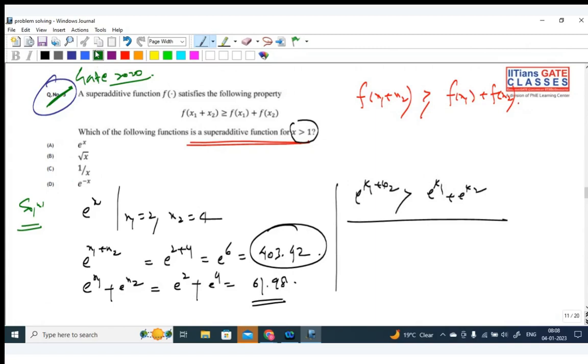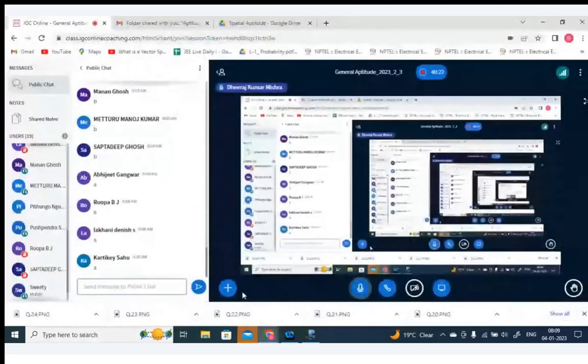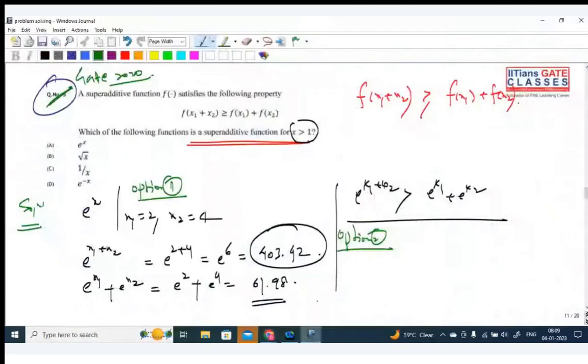Okay, this is what they are saying, right? And if you take option 2, under root x, it should also satisfy the same, right? But it will not satisfy. So just take option number 2. This is option 1, right? So this kind of question you can do directly. I think many of you have done the same. So you can find here under root of 2 plus 4, which is under root 6, which will give you nearly 2.44.